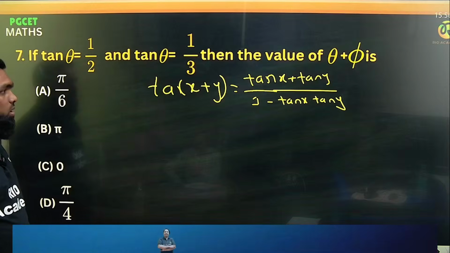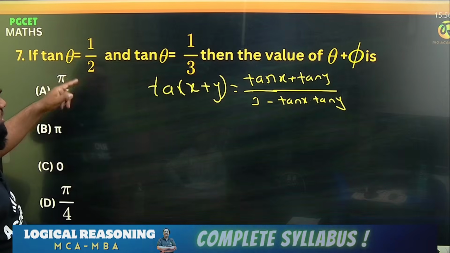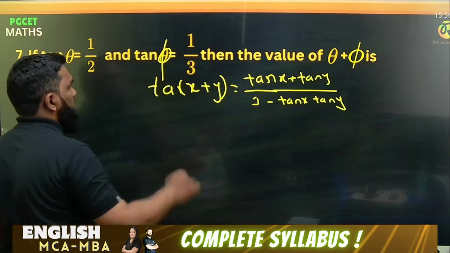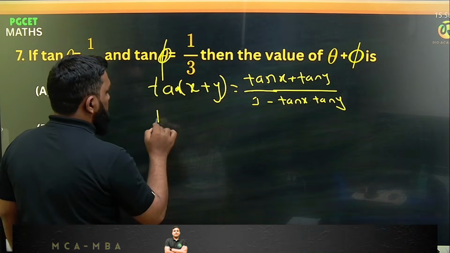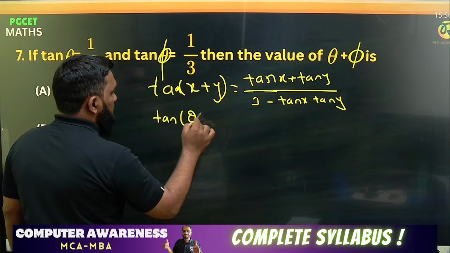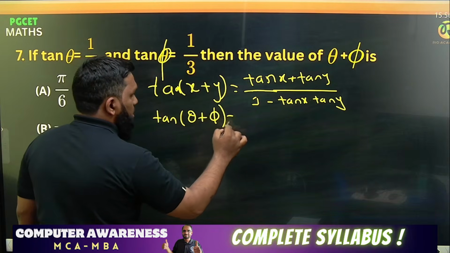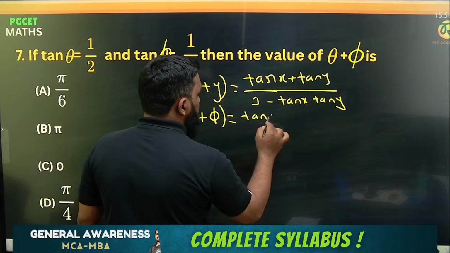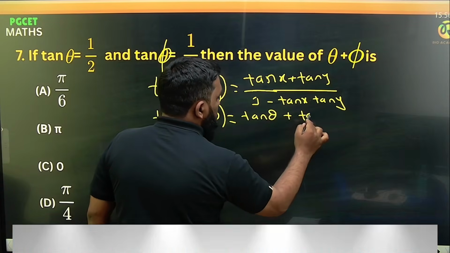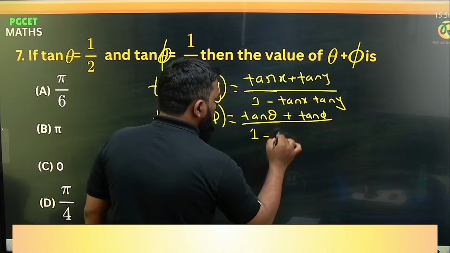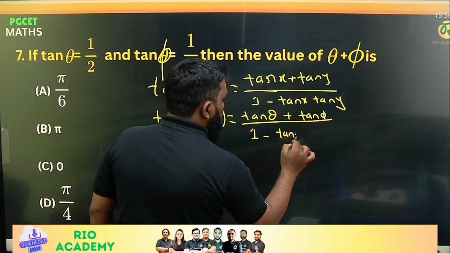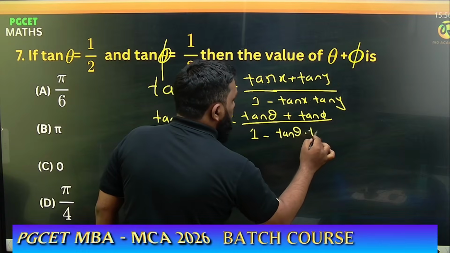Here in place of x there is tan theta, and here tan psi. Here I am going to write tan of theta plus psi equals tan theta plus tan psi, divided by 1 minus tan theta into tan psi.